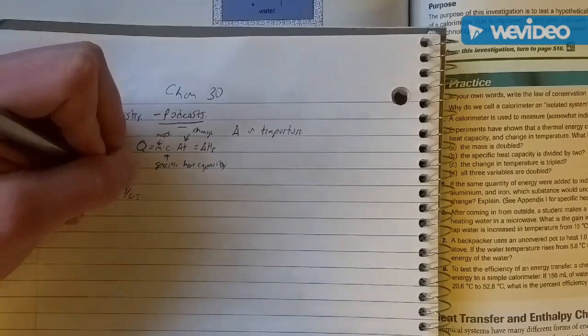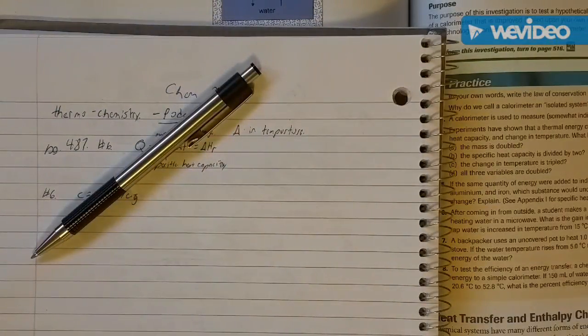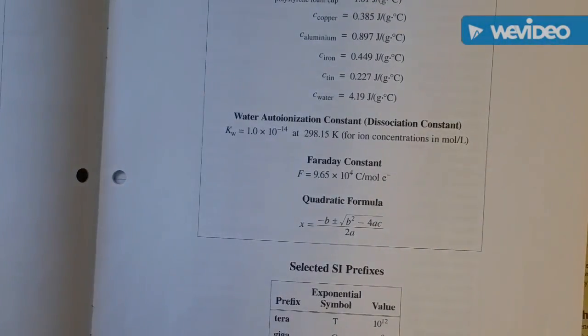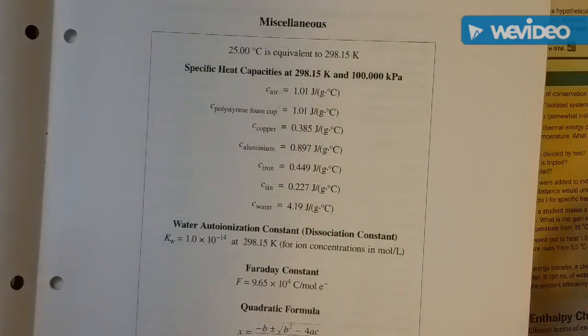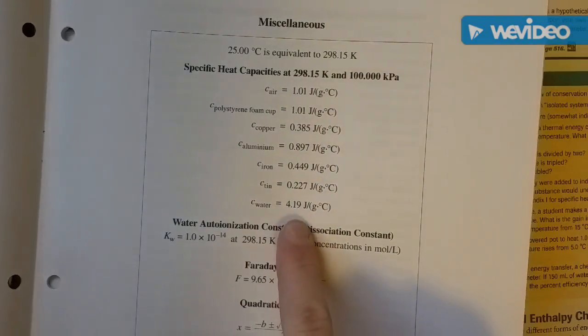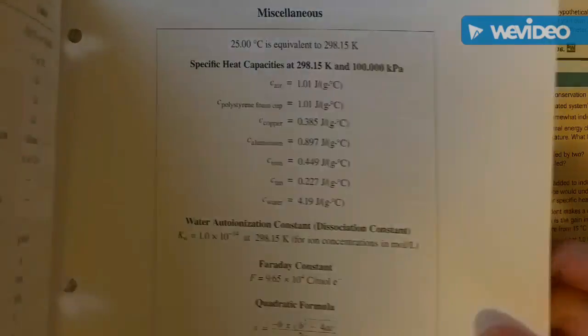Let's grab our formula sheet to verify. It's actually on page 3 that we see our specific heat capacities, and we see water is 4.19 joules per gram per Celsius.